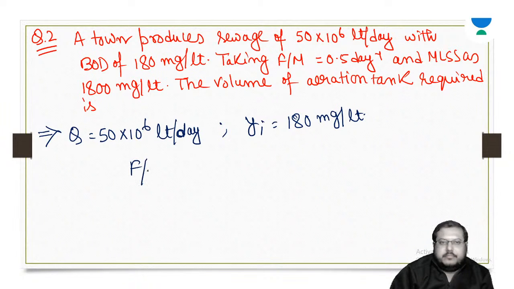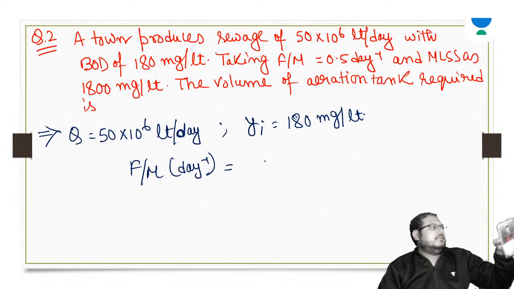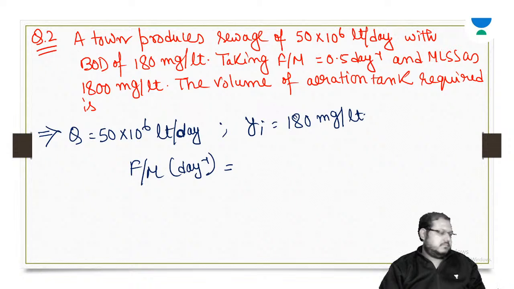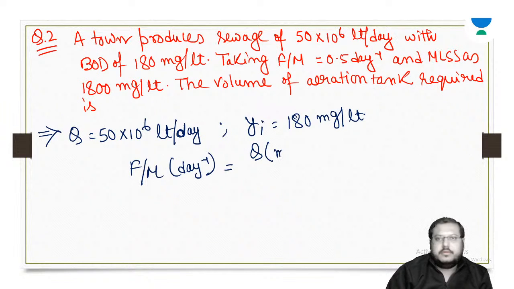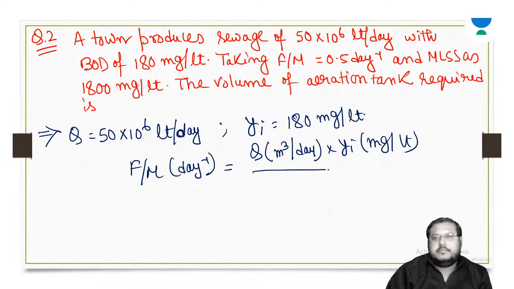Now F by M will be in day inverse. What is the ideal unit line? Q has to be in meter cube per day, Yi will be in milligram per liter, V has to be in meter cube, and X has to be in milligram per liter, right?